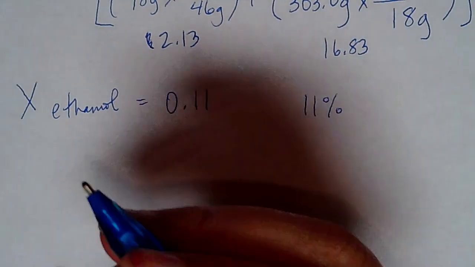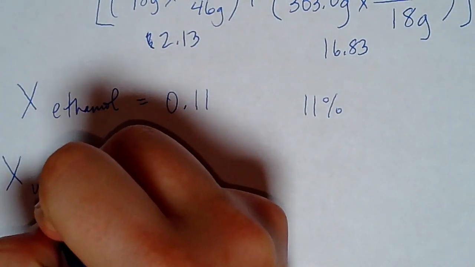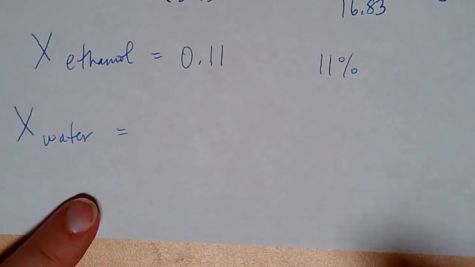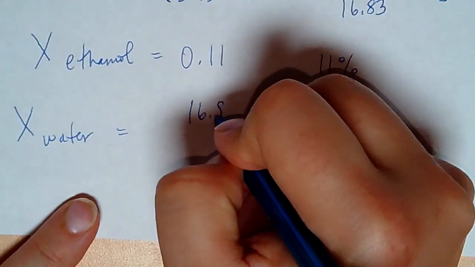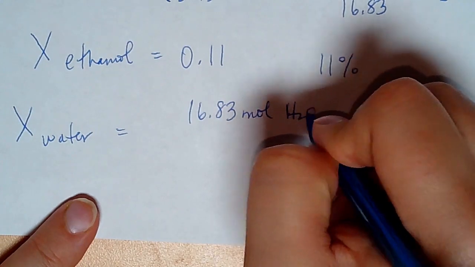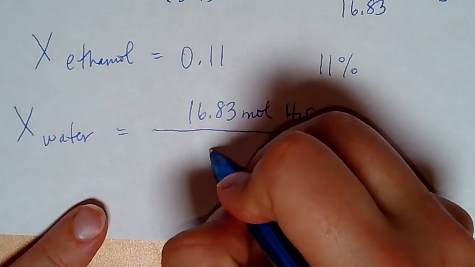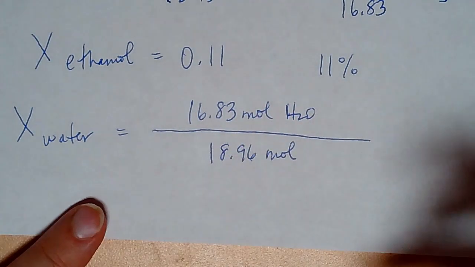Now for our mole fraction of the water, we have the same type of calculation, but we want to put water on the top. Now we already calculated we have 16.83 moles of water. So we're going to put that on top. And we've already calculated that the total is 18.96 moles for everything.